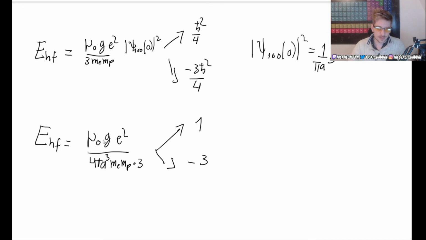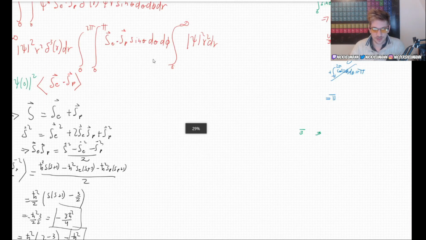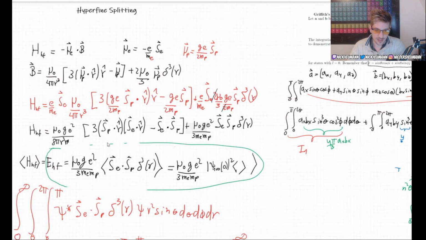Now, you could do the same procedure for any level. Levels with L equals 0 are very easy. If you start climbing, it's going to get increasingly difficult. You would have to know the exact wave function, and it would be quite annoying. But this is the way you go about it. If you had anything where L is not 0, as I mentioned, you would just have to do the integrals, and it wouldn't be particularly fun.